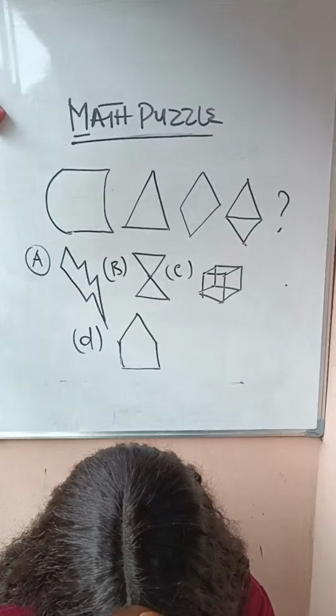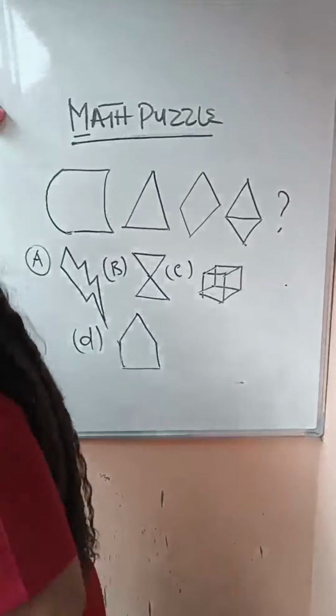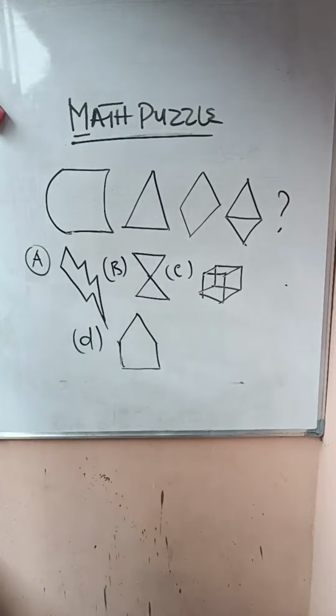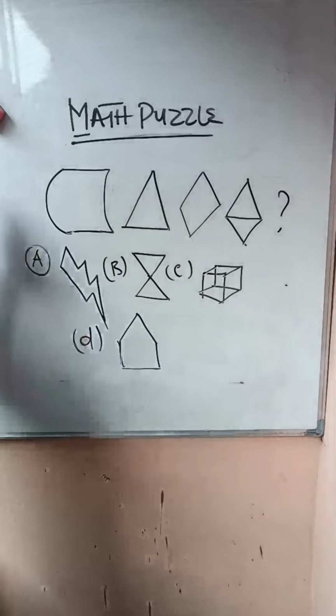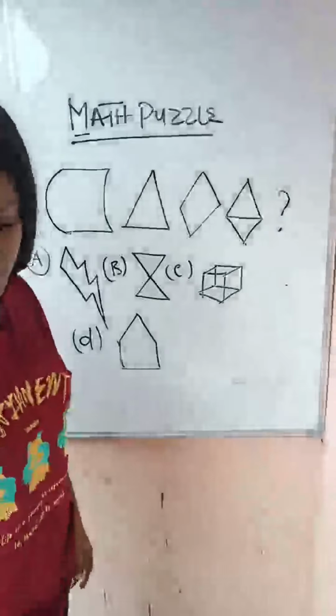Your trust says it could be D or E, but we don't have option E. We only have option A to D. So which one is the next? Which one should be the next shape?